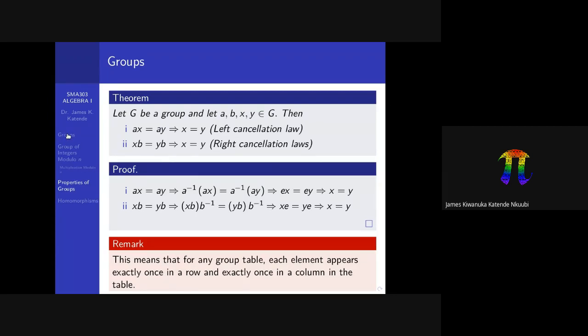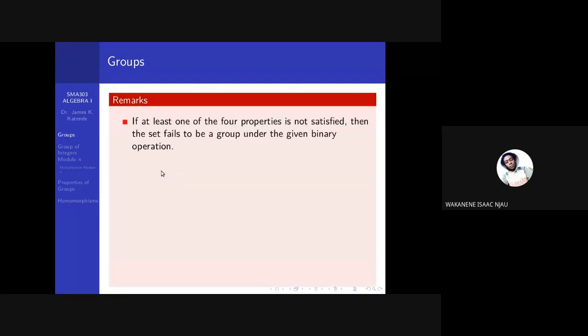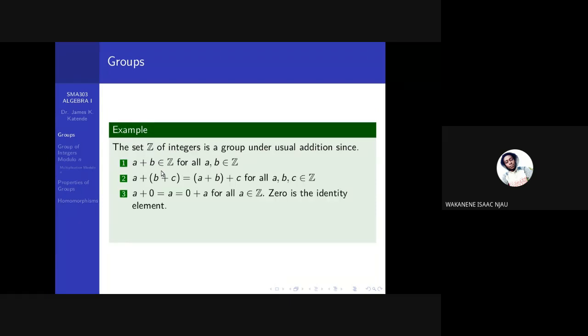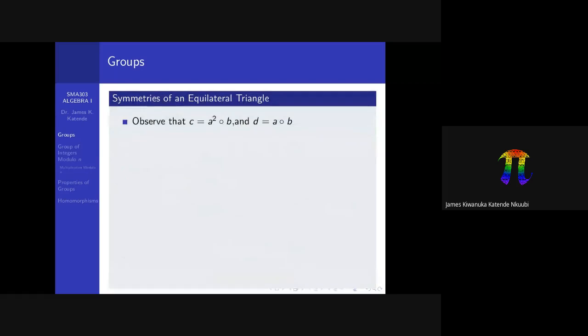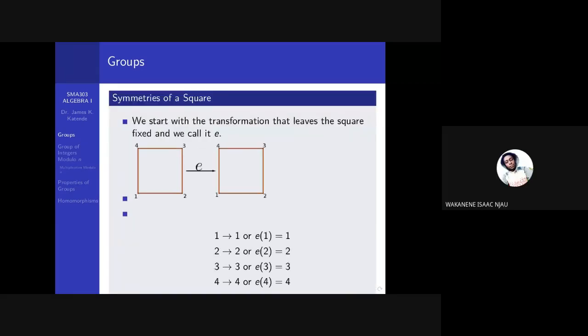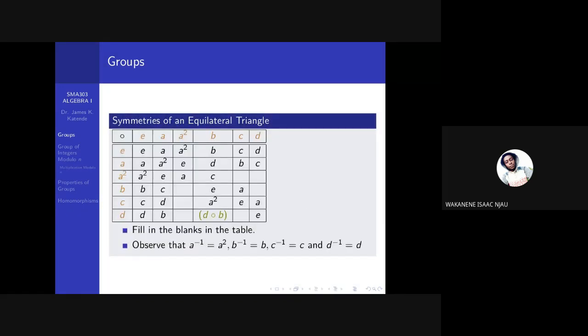Let's see if we can illustrate this using one of the previous examples. So for instance, if you look at the multiplication table for the symmetries of an equilateral triangle, you don't consider the header column and row.